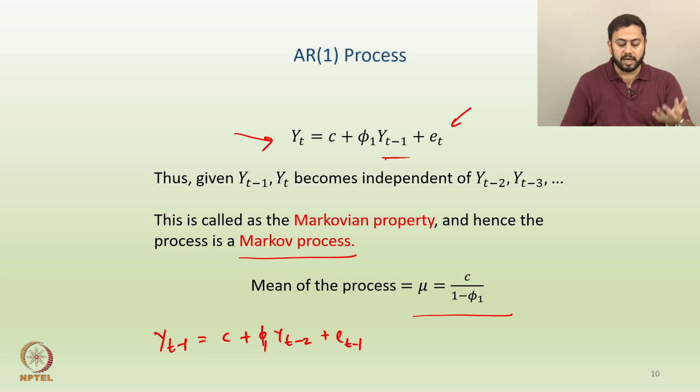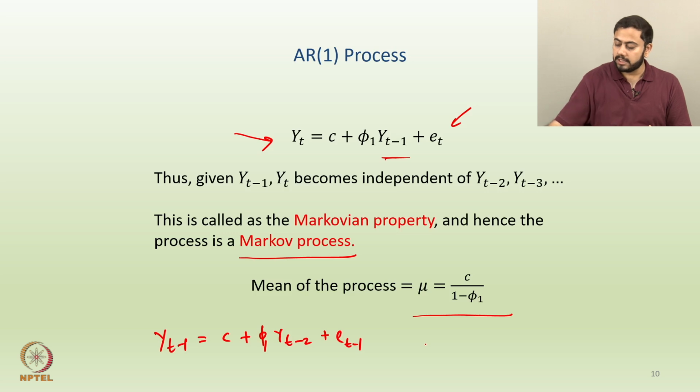Similarly I can write down yt minus 2, yt minus 3, yt minus 4, etc. Now if you see this yt minus 1 structure, it does not depend on et. It only depends on et minus 1, et minus 2, et minus 3, and the further lags, but not on et.